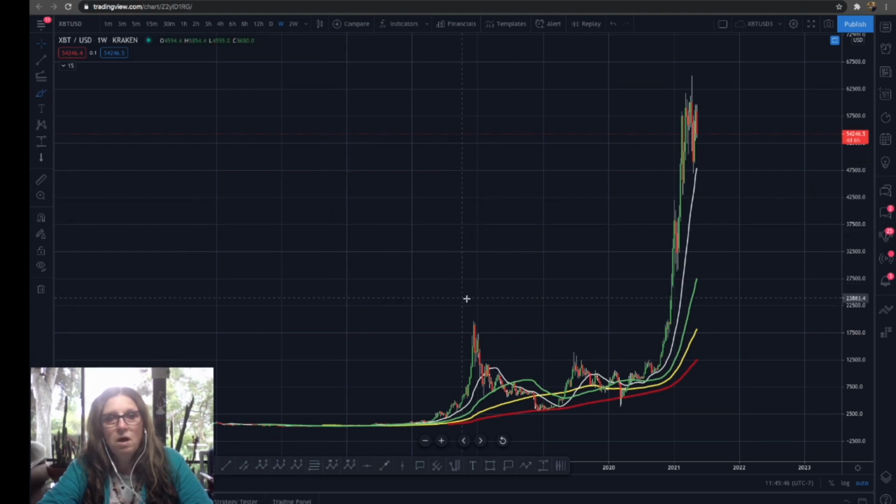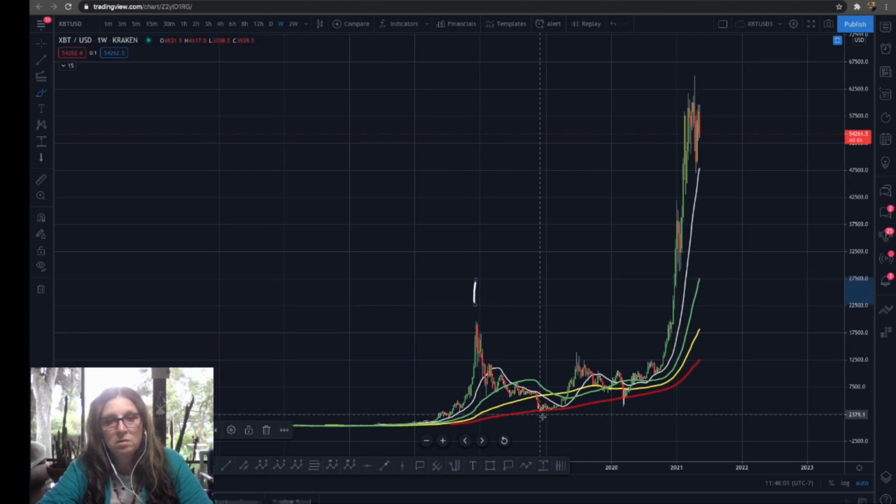it's pretty obvious that this is a gigantic third wave. If I was just looking at this, it would scream to me wave 1, wave 2, and then wave 1 and wave 2, then after that comes a gigantic third.